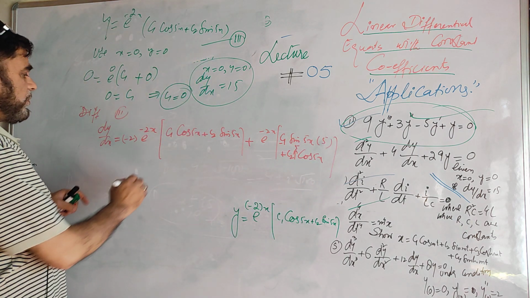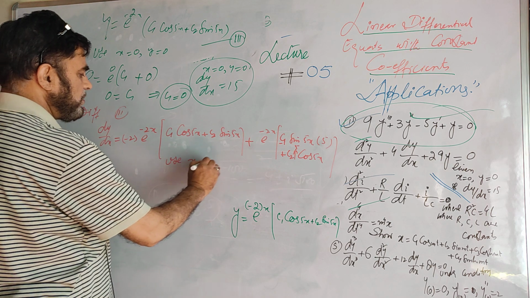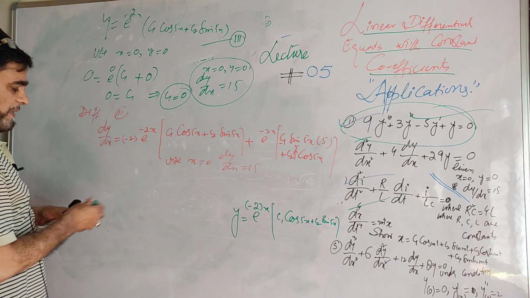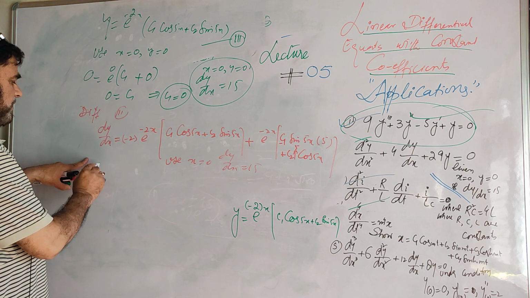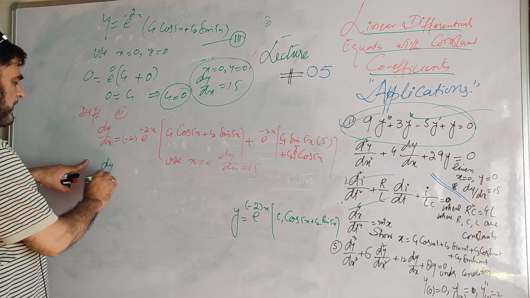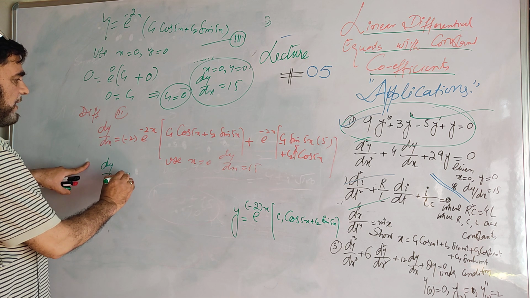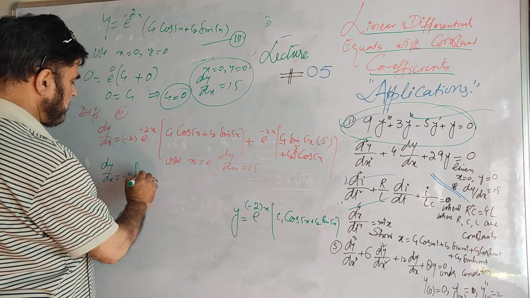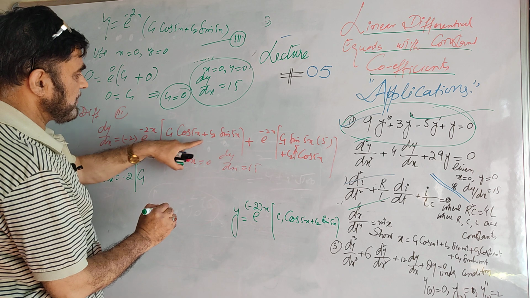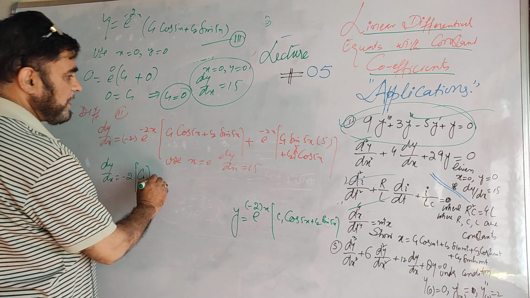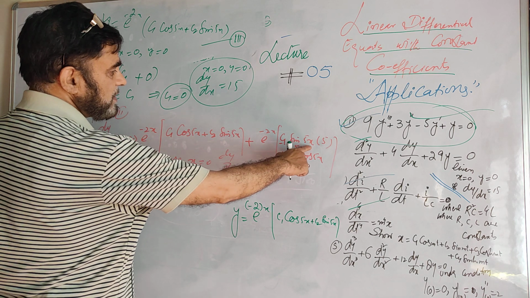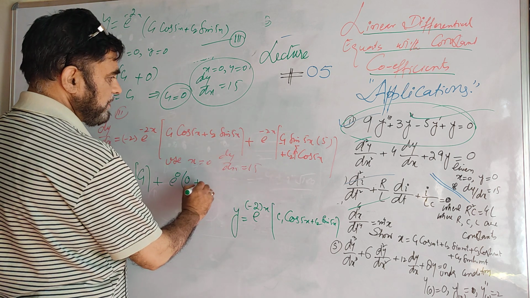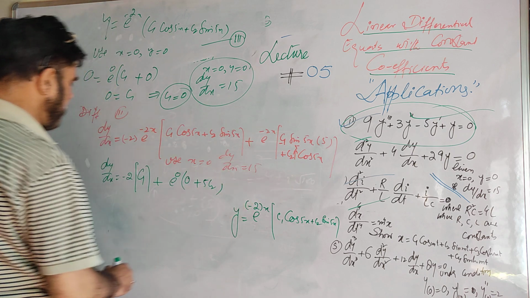Now we have to use x equal to 0, dy by dx equal to 15. Let us see what we get when we use it. This is your dy by dx. Dy by dx is minus 2 e raised power 0, which is 1, into c1 cos 0, which is 1, plus c1 sin 0, which is 0, then plus e raised power 0, this sin 0 is 0, then it is plus 5c2 because cos 0 is 1.